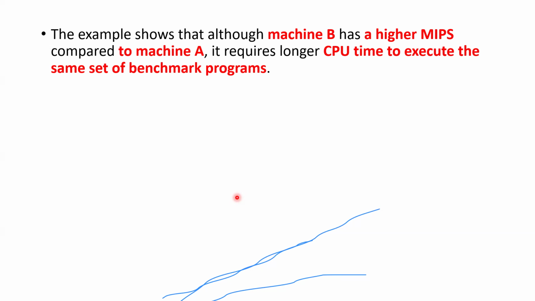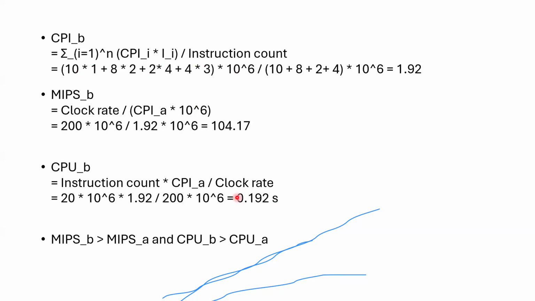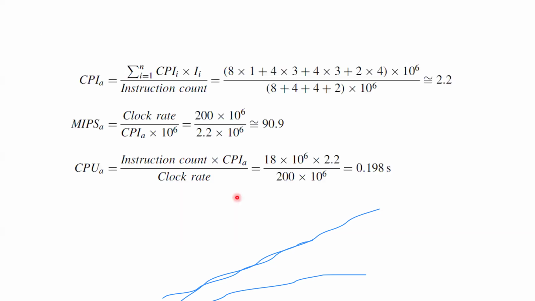Sir, based on the answers, I got the right answer, but I want to be sure about this. When the MIPS for A, I got 90.90, and for the MIPS of B, I got 104.71.